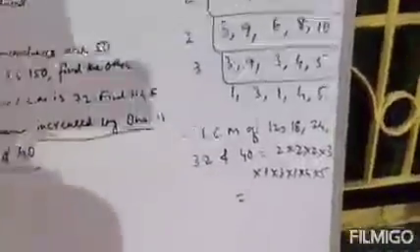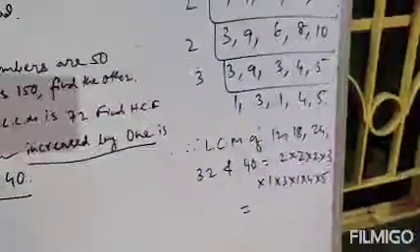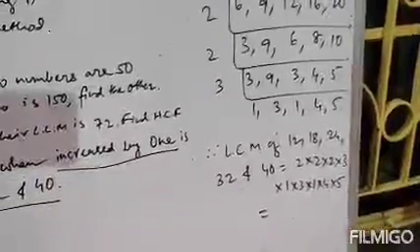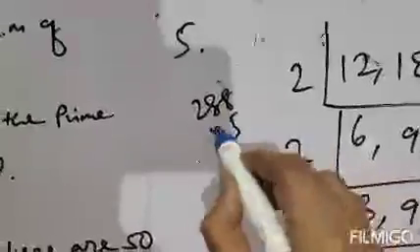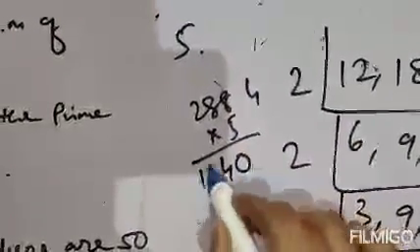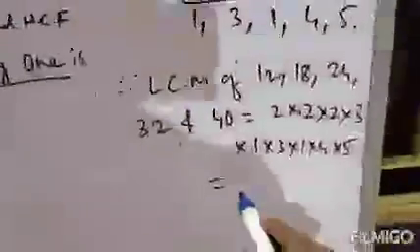We will take all these numbers. So 2 twos are 4, 4 twos are 8, 8 threes are 24, 24 threes are 72, 72 fours are 288, and 288 into 5 is 1440. So this is the LCM.